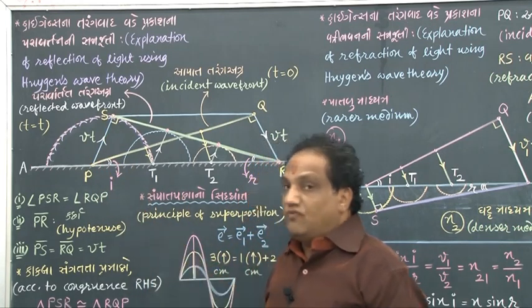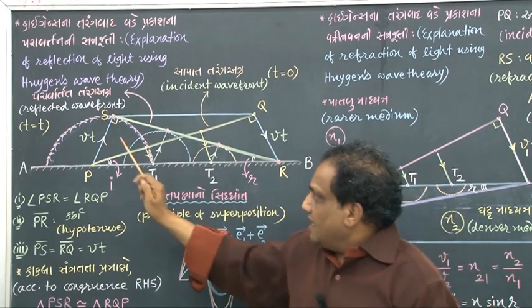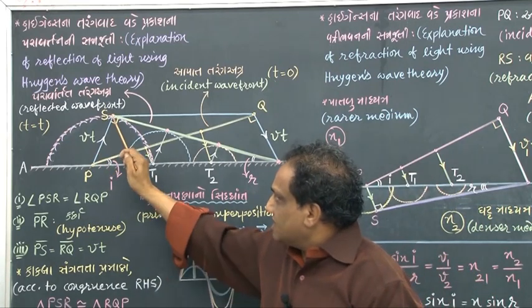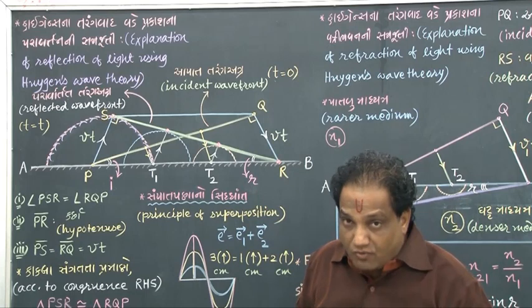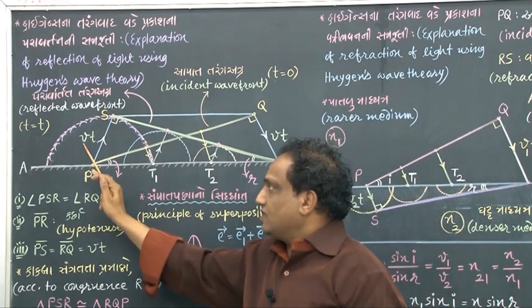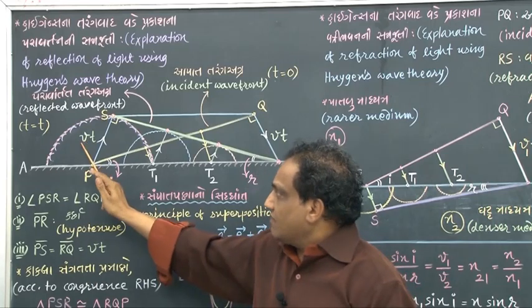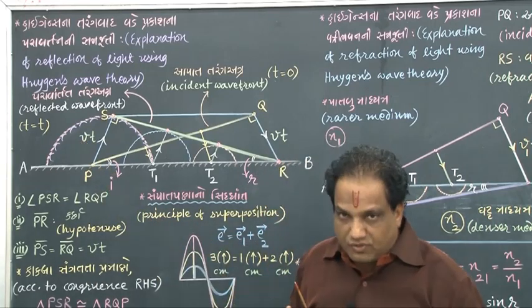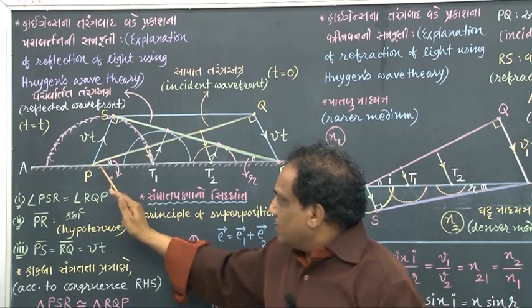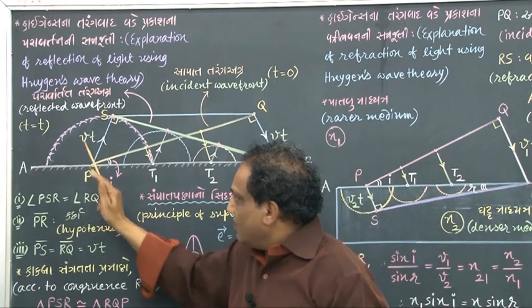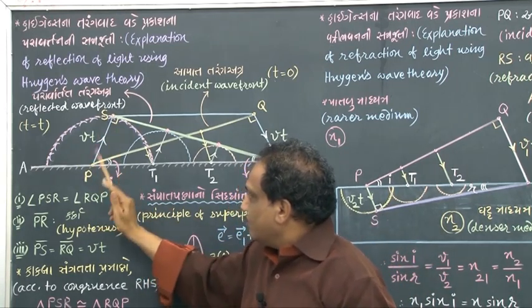Let the emission continue for t time. In t time, how much is the distance traveled by the secondary spherical wave? If it travels with velocity v, then distance traveled is given by constant velocity into time. So all these distances are v into t.